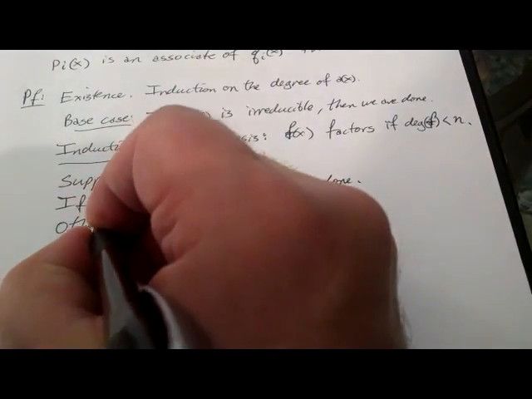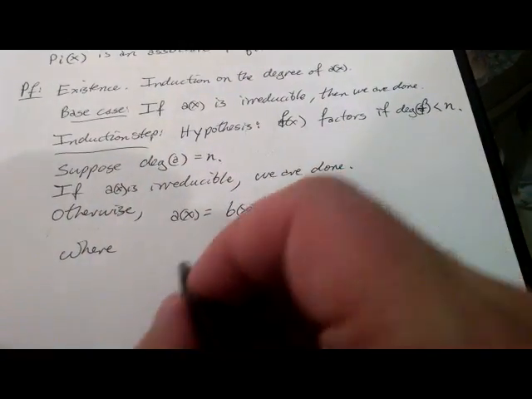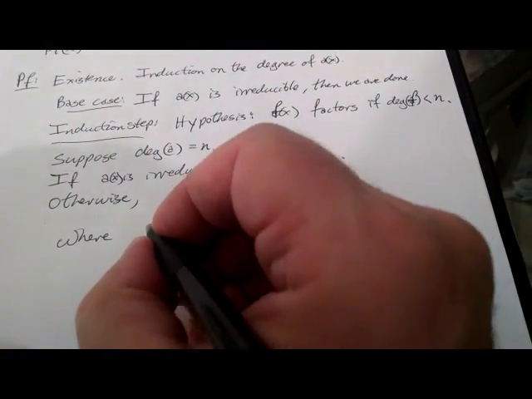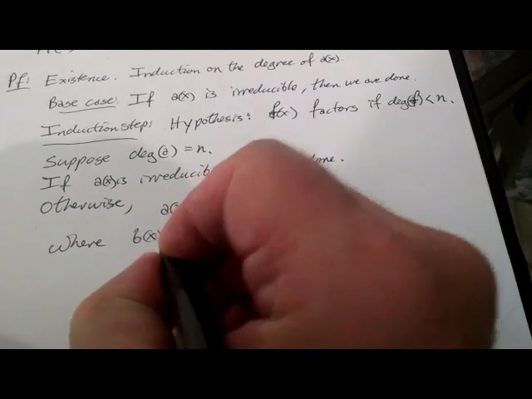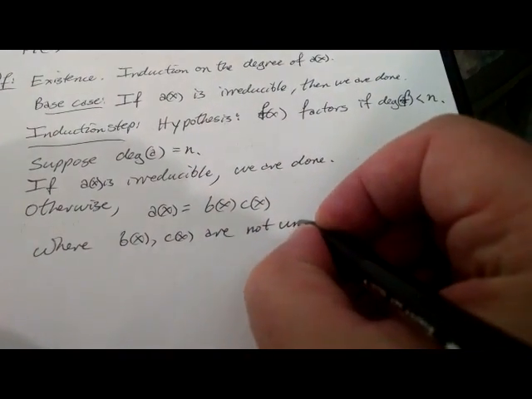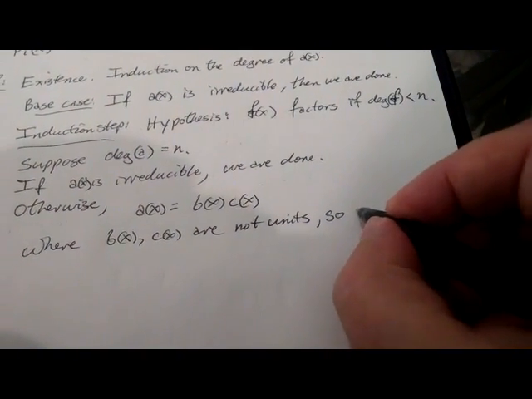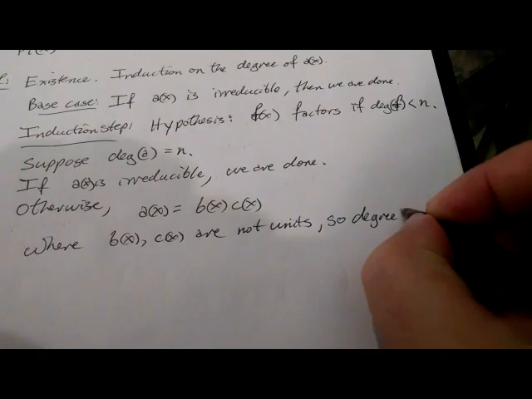Otherwise, a of x factors, so it can be written as b of x times c of x, where neither b of x nor c of x is a unit. So it's a proper factorization. So that means that their degree is greater than or equal to 1.